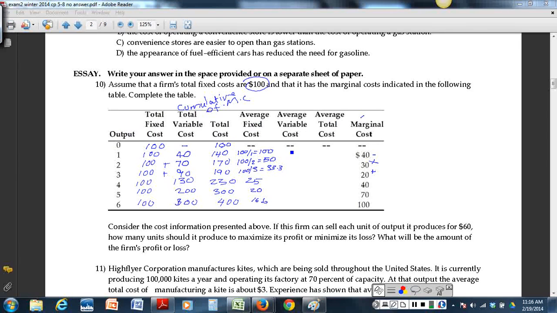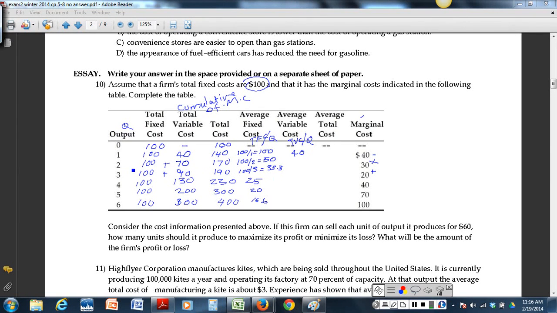Average variable cost, once again, this is total fixed cost divided by, let's call the output Q, divide by Q, right? Average variable cost is the same concept, total variable cost divided by Q. So when I produce 1, my total variable cost is 40. That divided by 1 should be basically, on average, it costs me $40 to produce 1 unit.